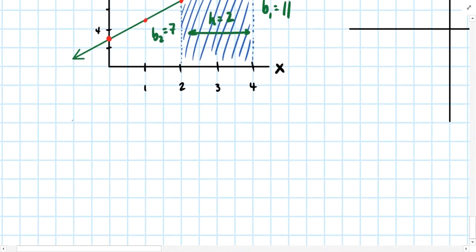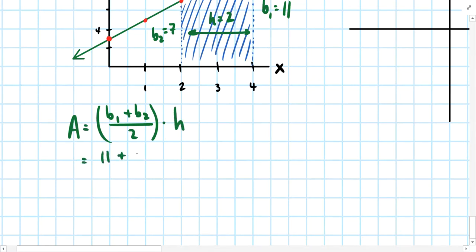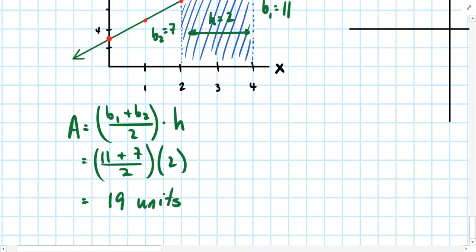And we have an area formula for trapezoids that is equal to the average of the bases, so base 1 plus base 2 divided by 2, multiplied by the height of the trapezoid. So we've got 11 plus 7 divided by 2 times 2, and our area computes out to be 19 square units. Sorry, 18 square units.